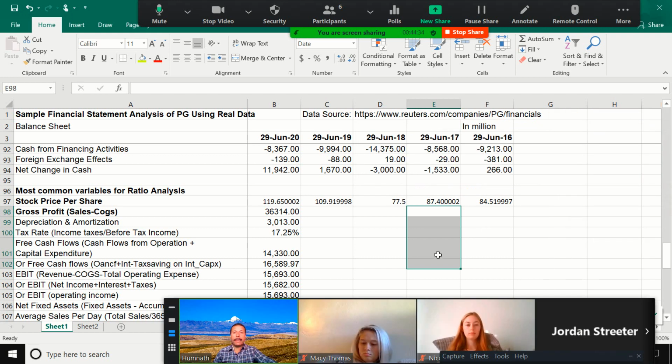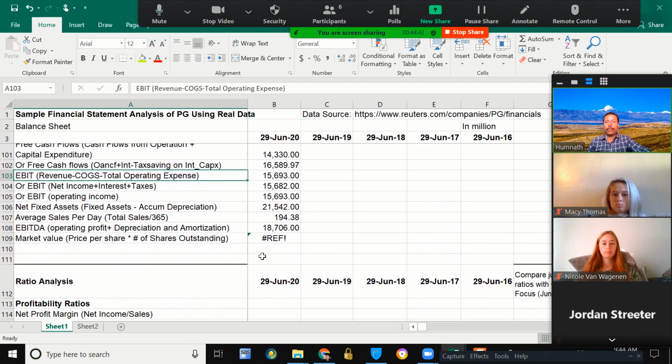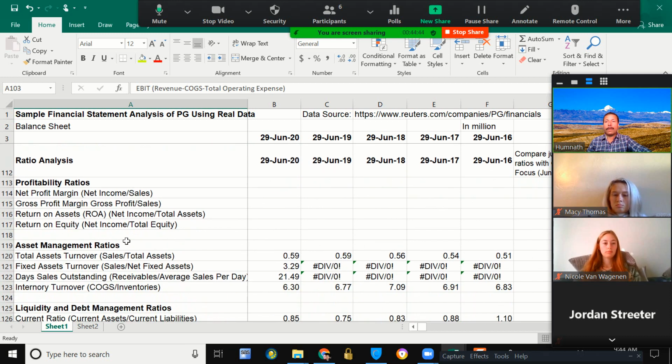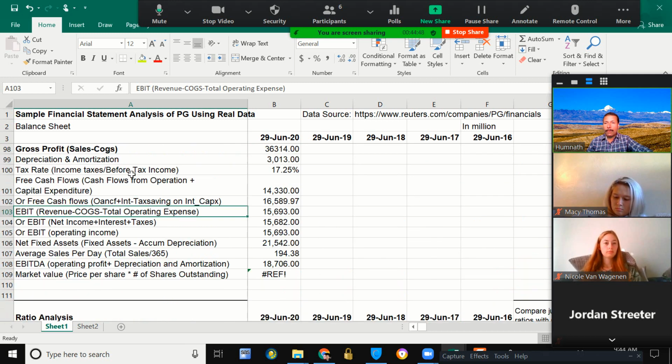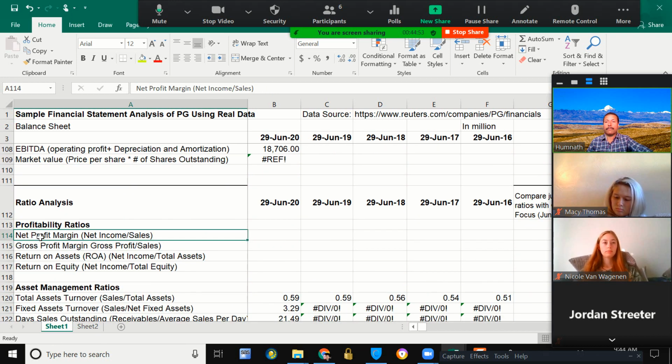Okay, so we have the data. Now we can start working on the calculation, the ratio analysis. I'm going to put the space over here, and then I'm going to start working on the first one, the profitability ratio.